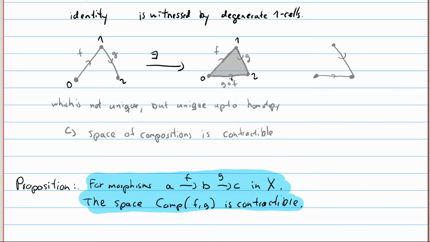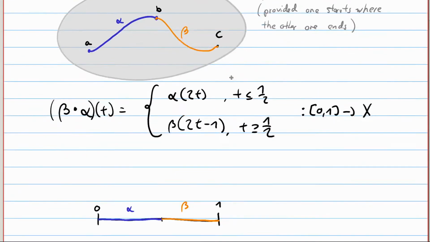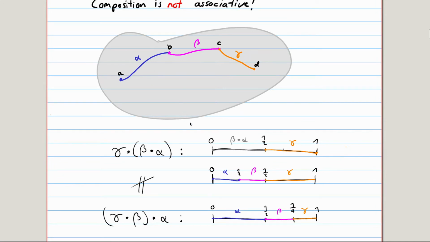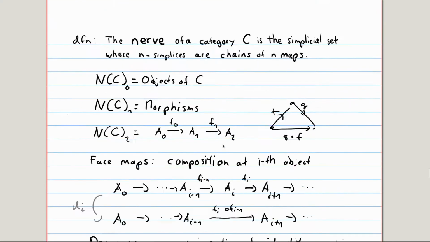of these morphisms. If you go back to the very beginning, we had these paths, and we saw that composition was not generally unique. There were multiple ways to parameterize these paths, so we get different paths. But they're all homotopic to each other, and that was the thing that we are seeing finally now.